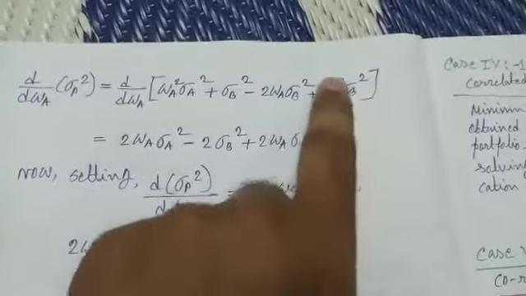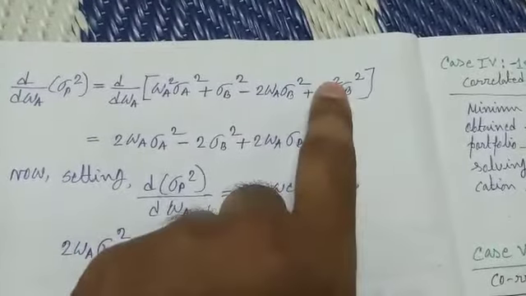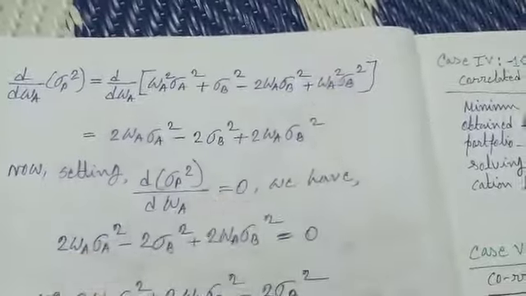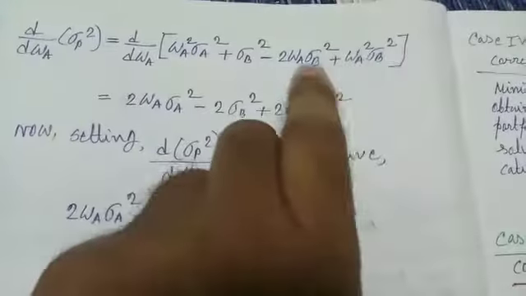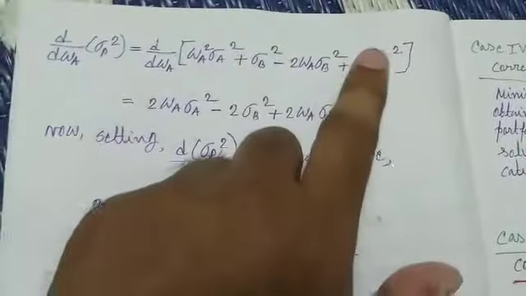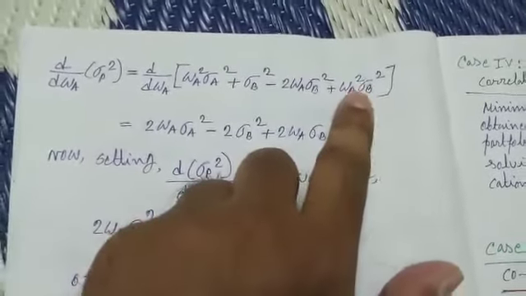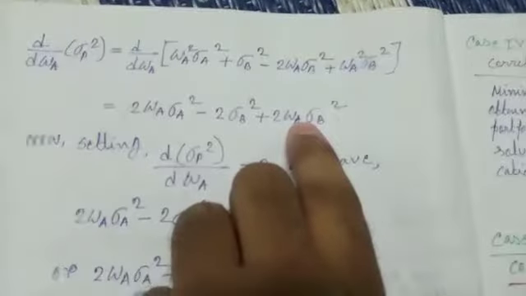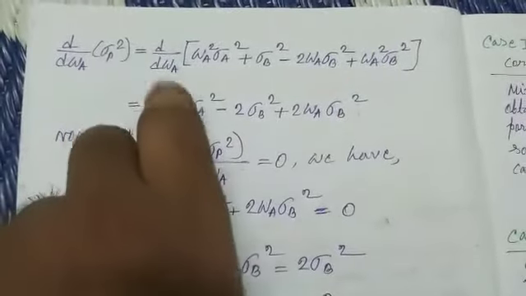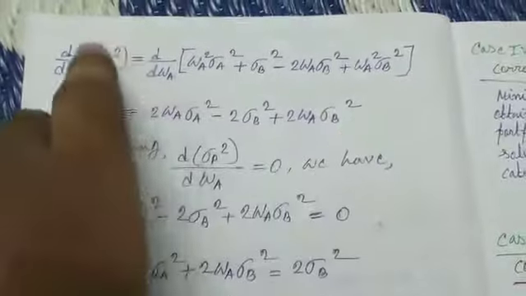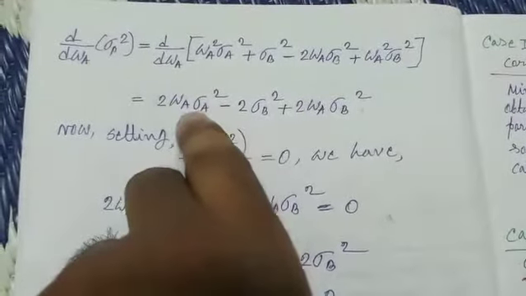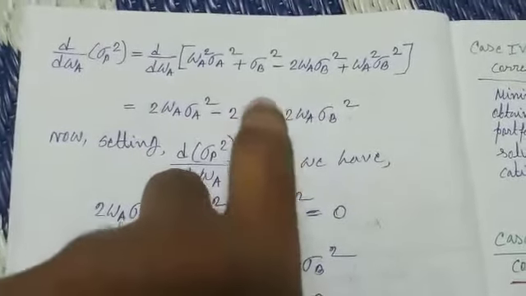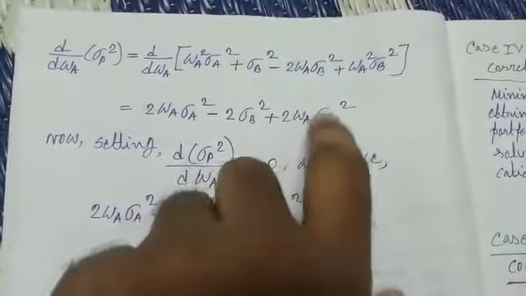Here for WA square into sigma B square it will become 2WA into sigma B square. 2WA is the change in the value of WA square with respect to WA, and sigma B square is constant, so it is written the same. So after differentiating the variance function with respect to WA, it will take shape as 2WA into sigma A square minus 2 into sigma B square plus 2 into WA into sigma B square.